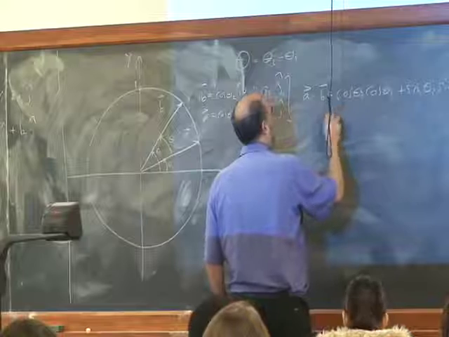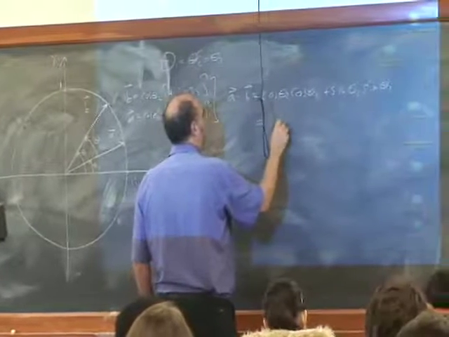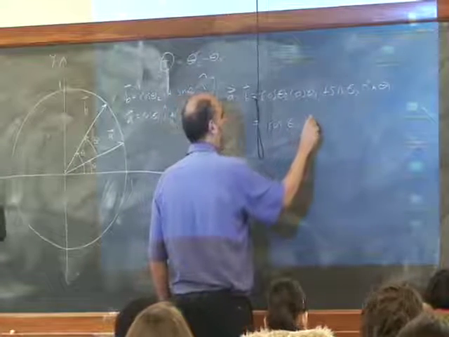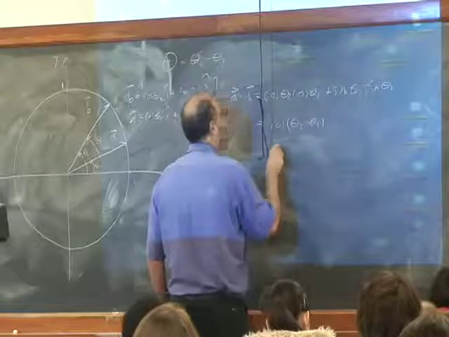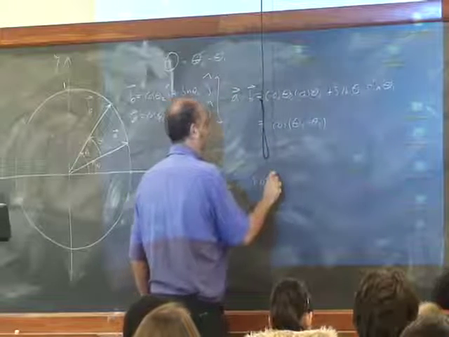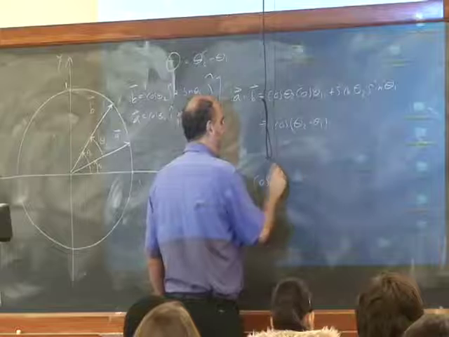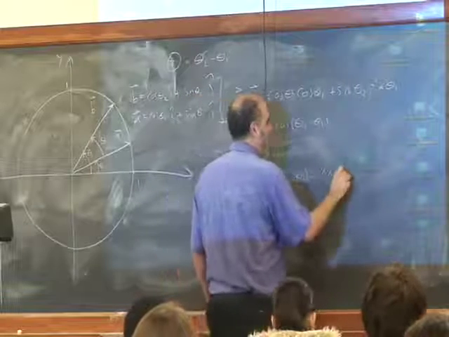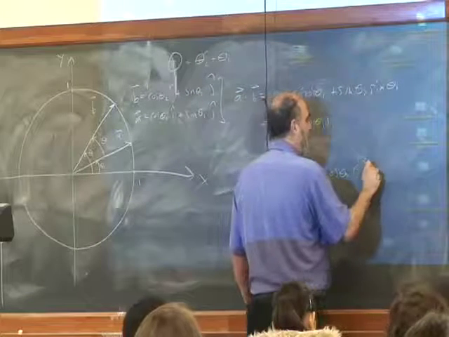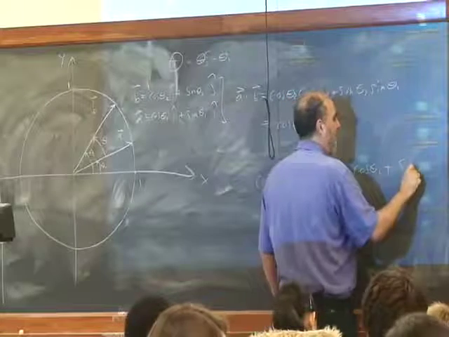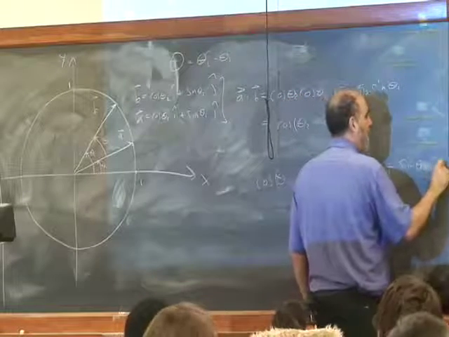On the other hand, we know that A dot B is also equal to cosine of theta 2 minus theta 1, which gives us this identity that cosine of theta 2 minus theta 1 is equal to cos theta 2 cos theta 1 plus sine theta 2 sine theta 1.